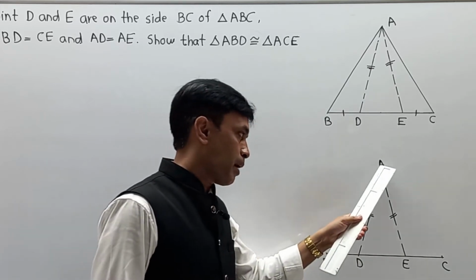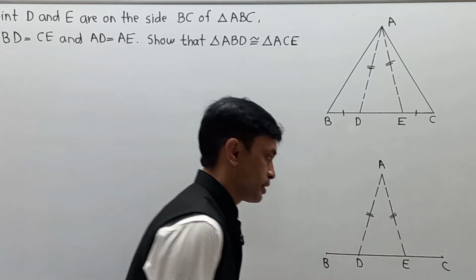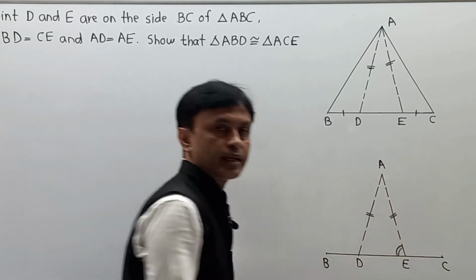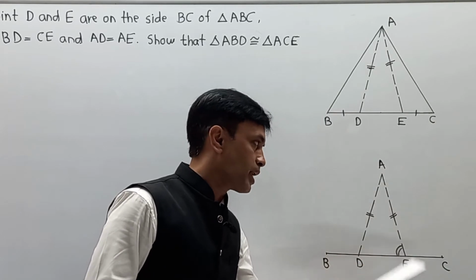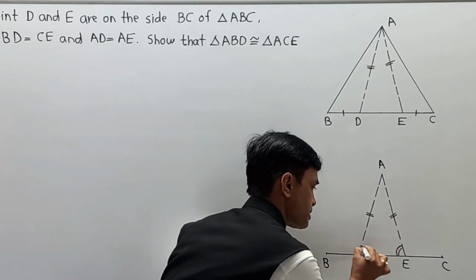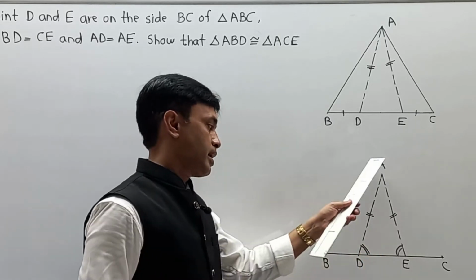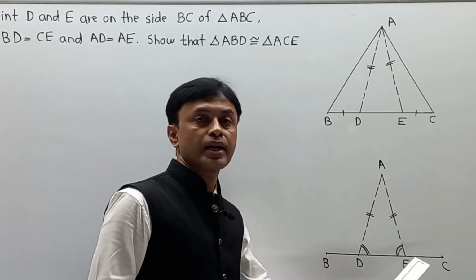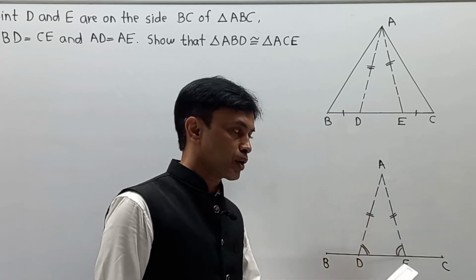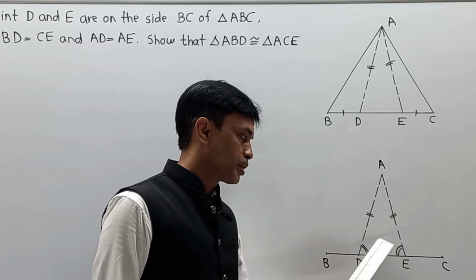Naturally, opposite to AD is angle E, that is angle AED, and opposite to side AE is angle D, that is angle ADE. These two angles automatically become equal because if two sides are congruent then their opposite angles must be congruent.